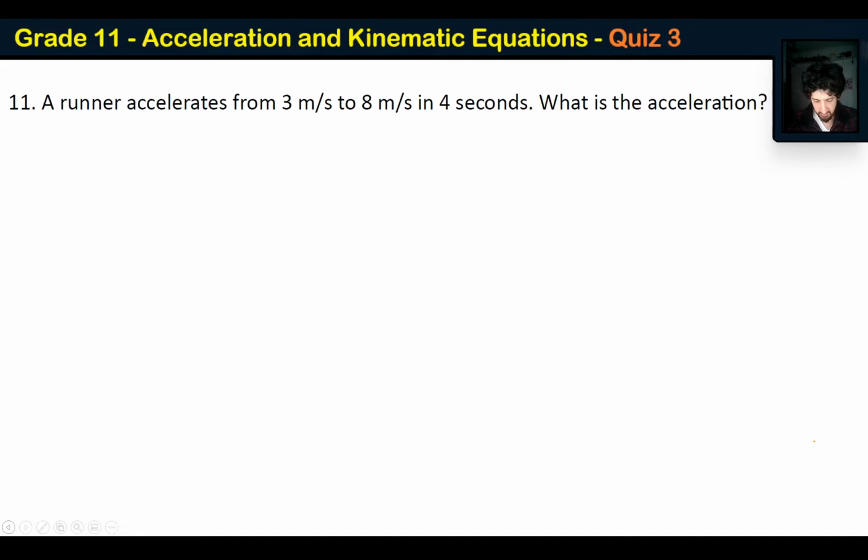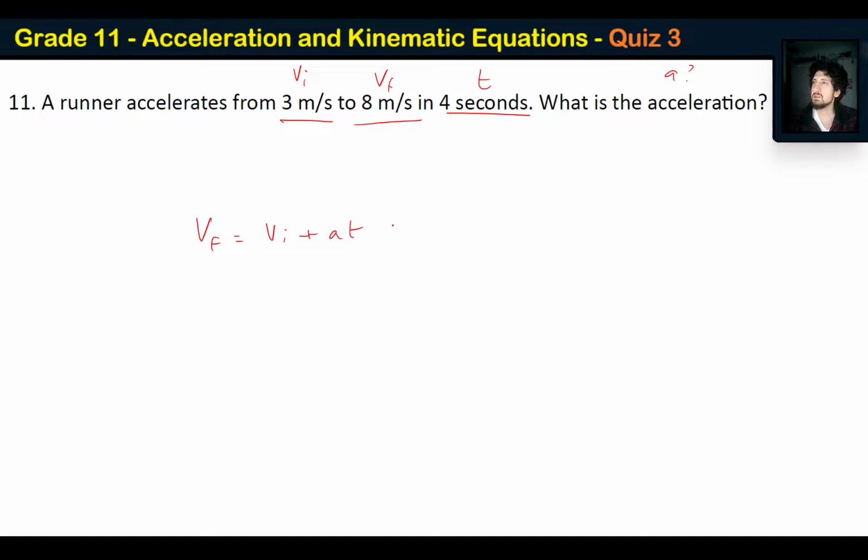Let's switch to, how about we switch to red? A runner accelerates from 3 meters per second, so that's Vi, to 8 meters per second in 4 seconds. What is the acceleration? Easy peasy lemon squeezy. Vi plus a t.